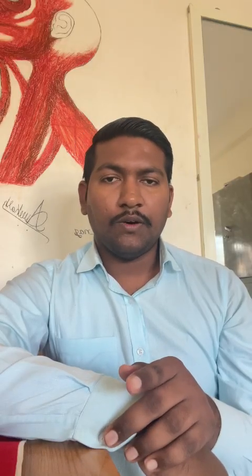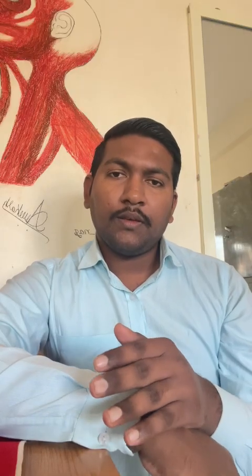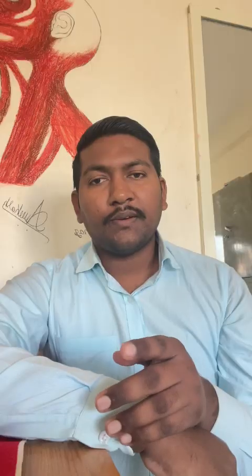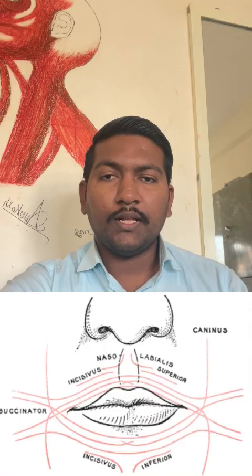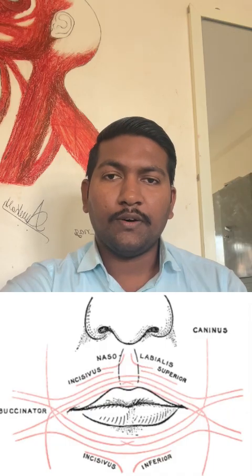Now coming to the orbicularis oris muscle, several muscles are inserted into it. As I discussed earlier, the buccinator fibers, and just superior to the buccinator fibers, the caninus muscle and triangularis muscle are also inserted into the orbicularis oris muscle.